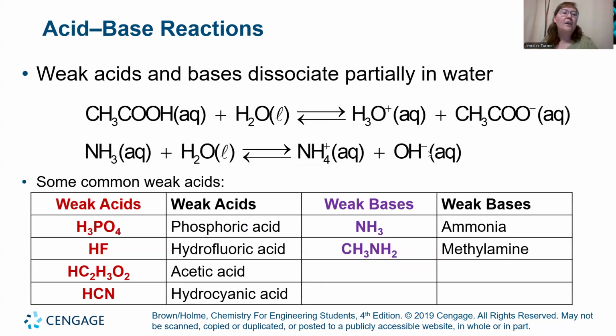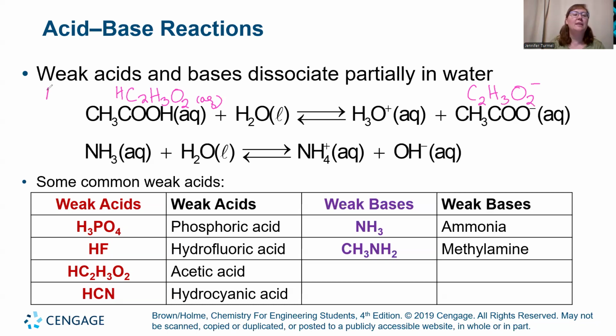Then we have some weak acids and bases that dissociate partially in water. This is one way of writing acetic acid, but the way that we're using, because it shows our functional group a little differently, is HC2H3O2, and this is C2H3O2 minus.